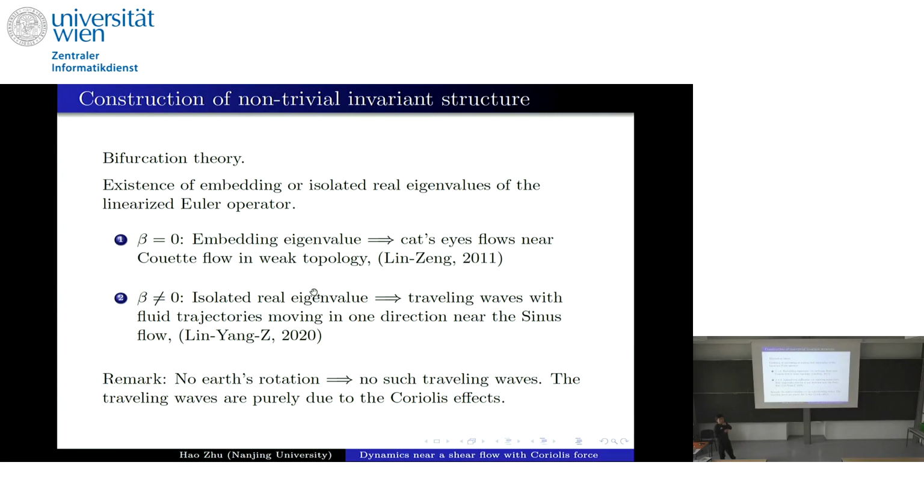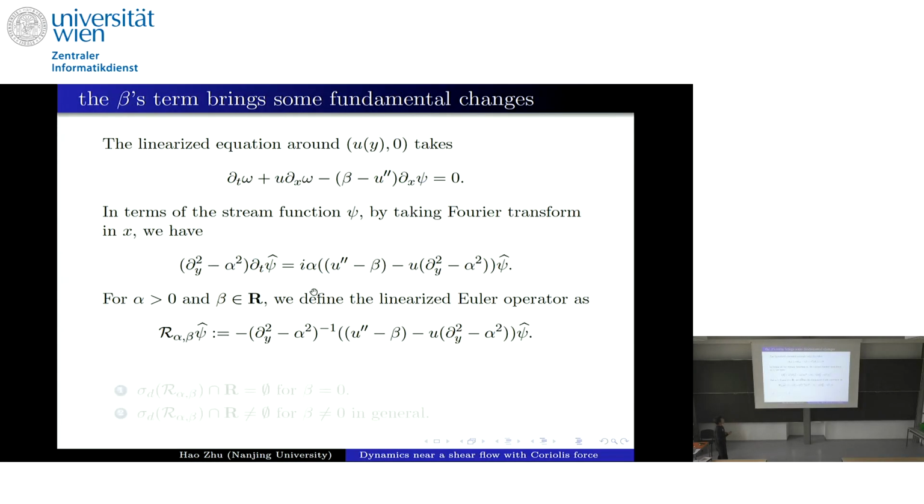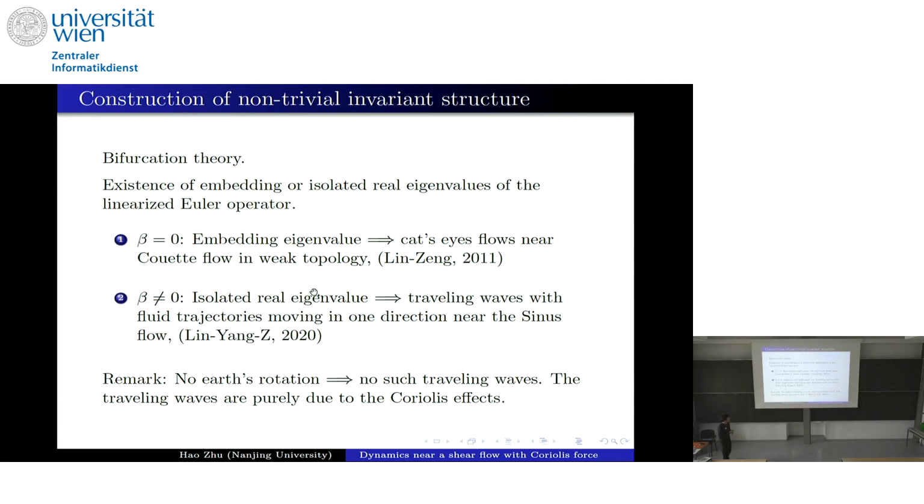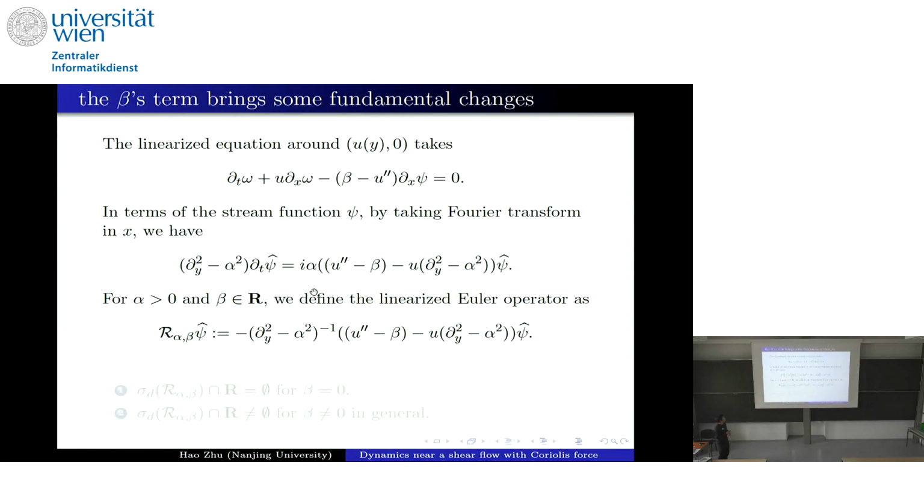Because beta is due to the Coriolis force, if there is no Earth rotation, one cannot find such traveling waves with the fluid trajectories moving in one direction. The case may change somewhat, but for the isolated eigenvalues, such traveling waves cannot change sign. This is purely due to the Coriolis force.